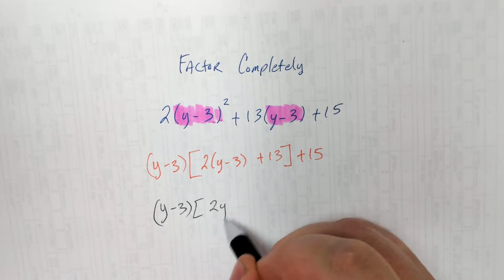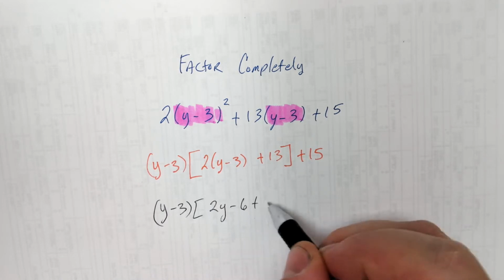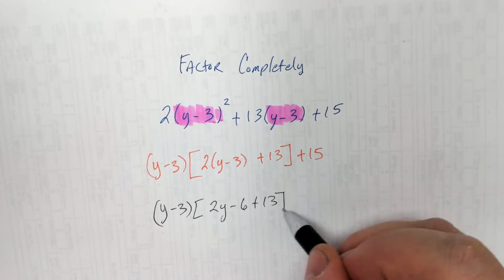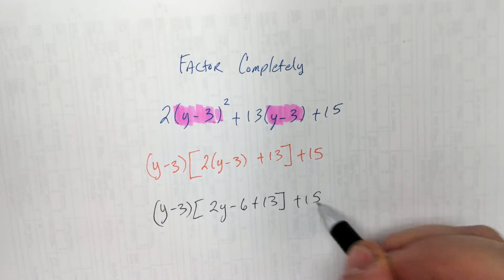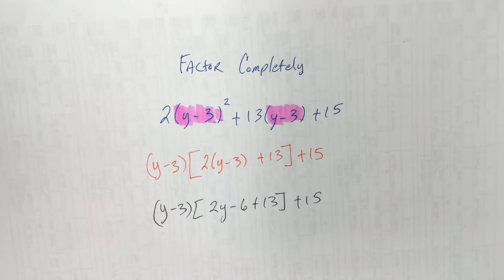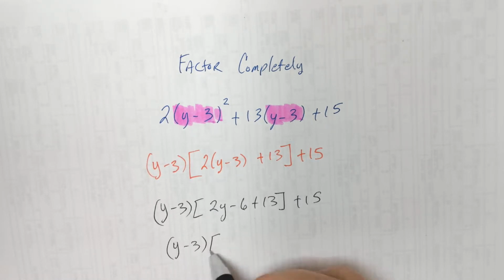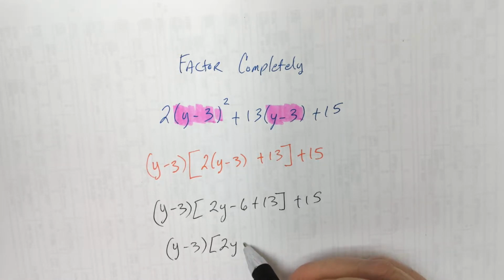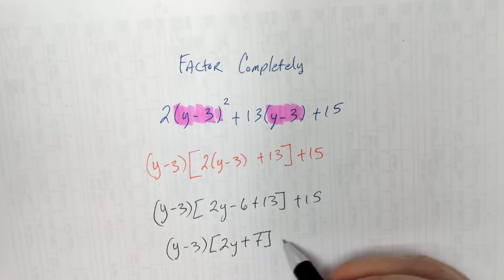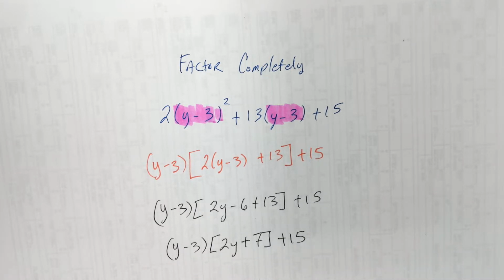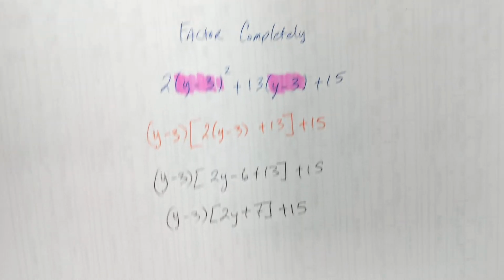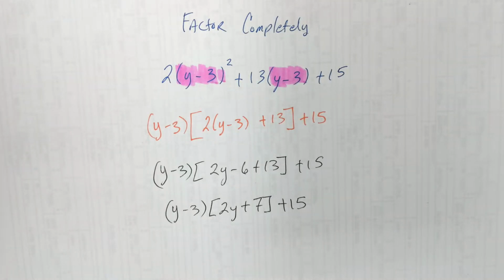That's going to be 2y minus 6 plus 13, and then plus 15. That's not very nice looking, is it?